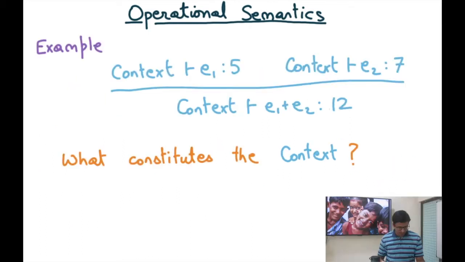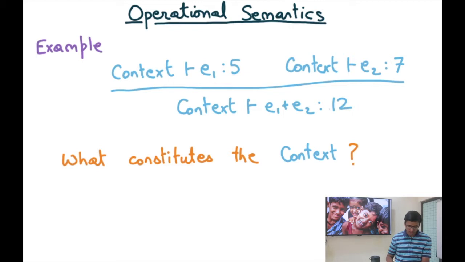Okay, so for example, maybe we have one such rule in our operational semantics database of rules, which says that if under a given context E1 evaluates to 5 and under the same context E2 evaluates to 7, then under the same context E1 plus E2 evaluates to 12.